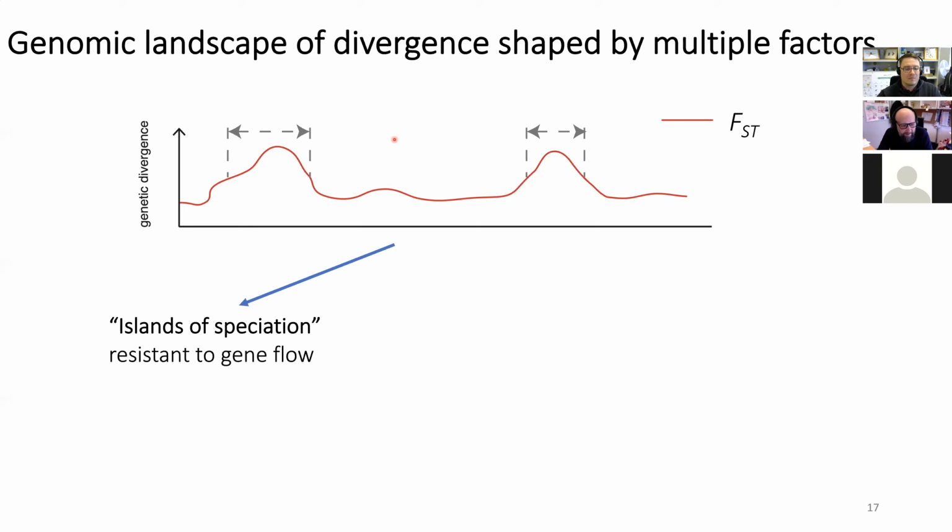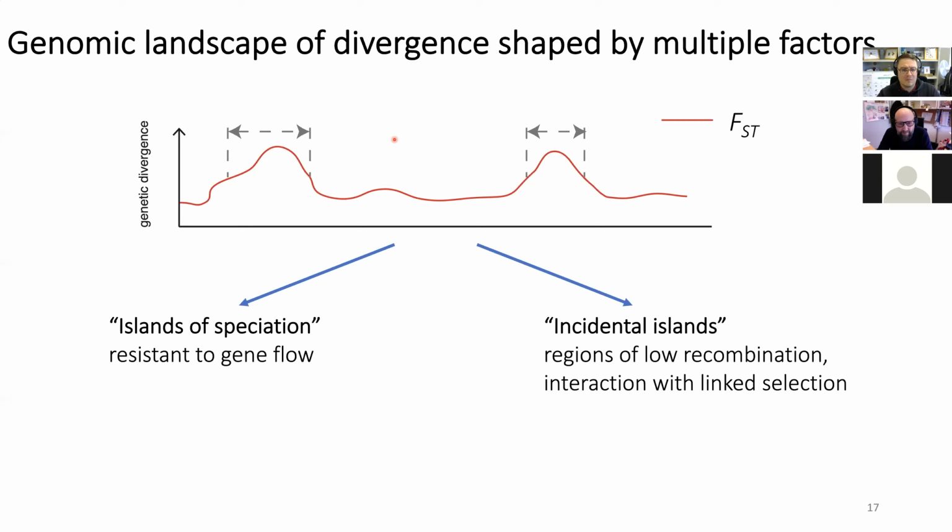One of those explanations is that they're islands of speciation that are resistant to gene flow. Another possibility is that they're regions of low recombination that diverge between populations due to the interaction between selection and the recombination landscape.